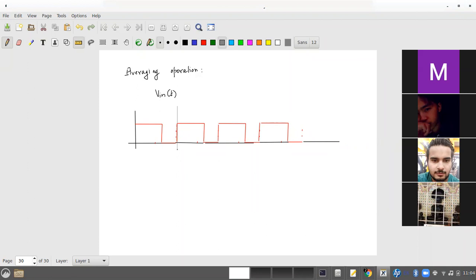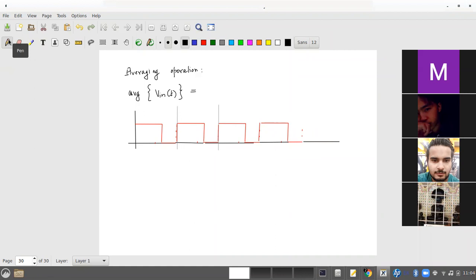That is one time period. This is the second time period. This is V in of t. How would you define the average of V in of t? What is the definition?